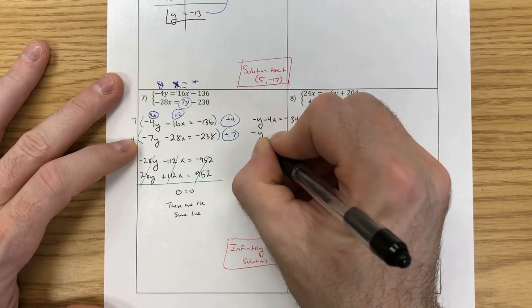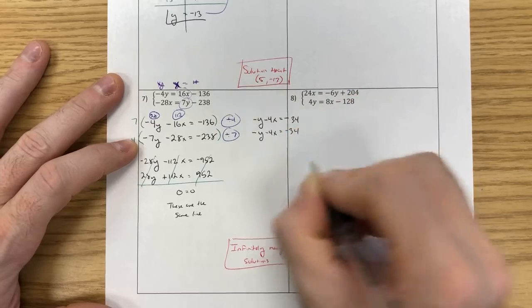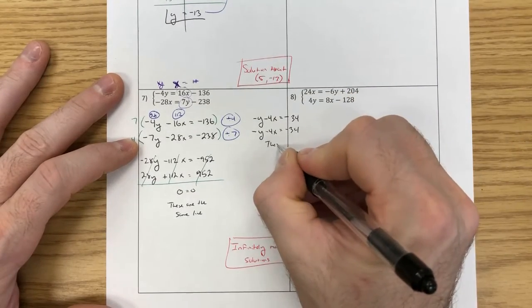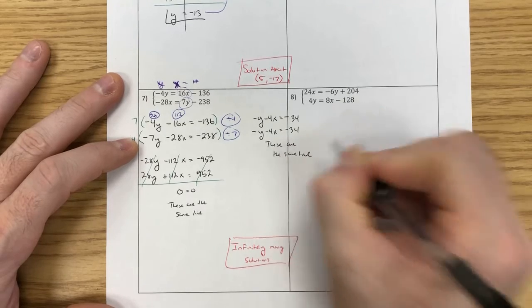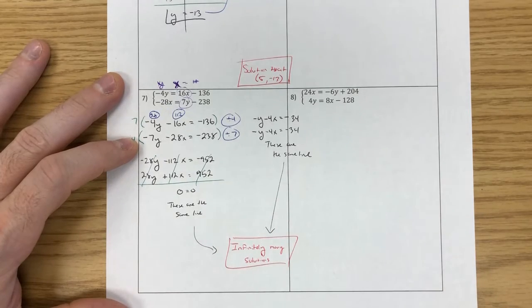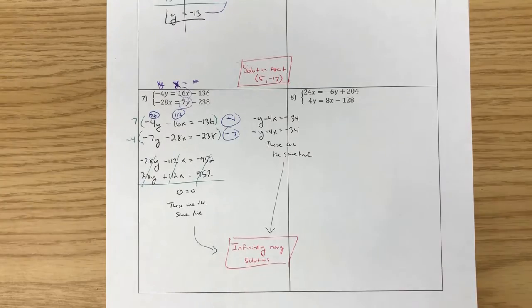Divided by 7, negative y minus 4x equals negative 34. We notice that again, these are the same line, which in both cases means that there are infinitely many solutions. And there we go.